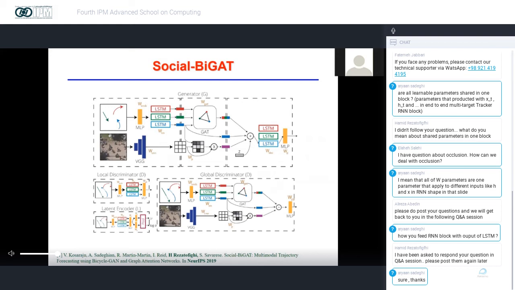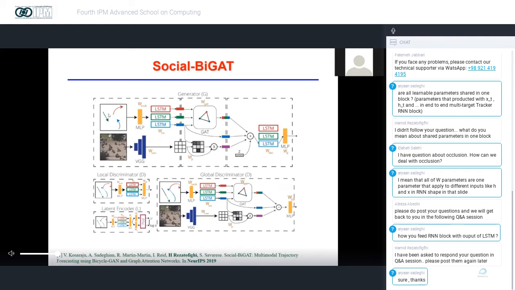Later on, we had a paper at NIPS last year where we made two main contributions. One is that the interaction between tracks can be formulated as a graph, and then we can use graph attention modules to learn the interaction between the targets.